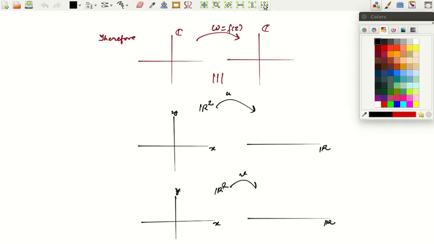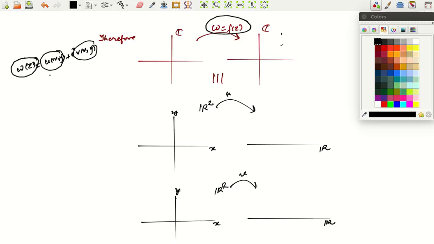So basically we had this function w from C to C, and we have seen that it is equivalent to two functions. We have seen that w(z) is u(x,y) + i v(x,y), right? Therefore if we want to study w, we can study this u and v.